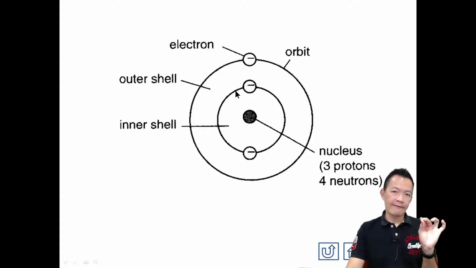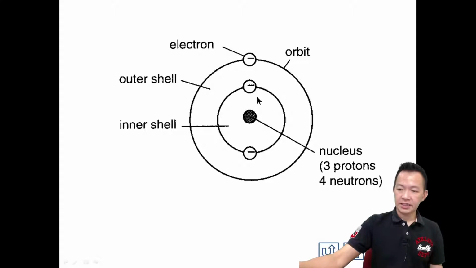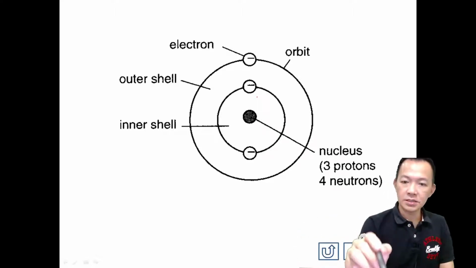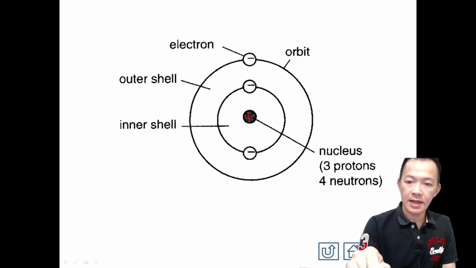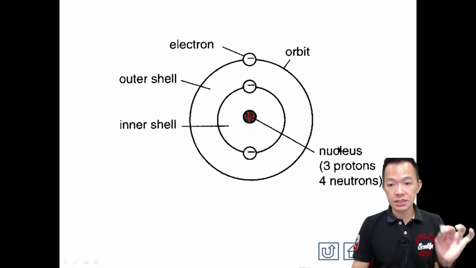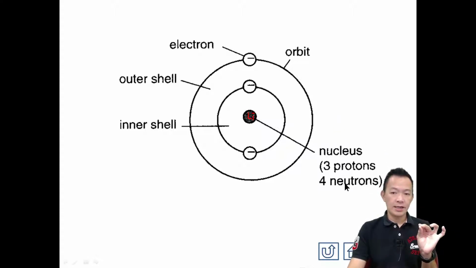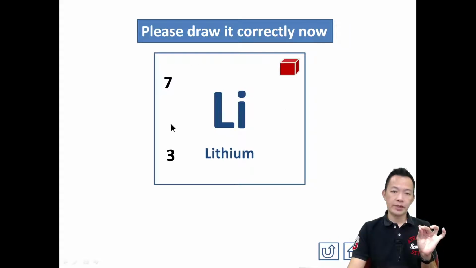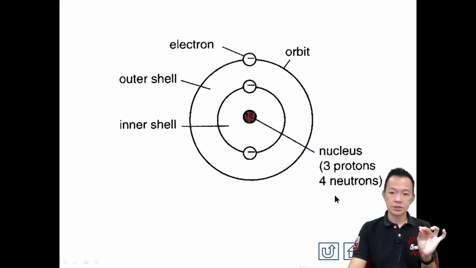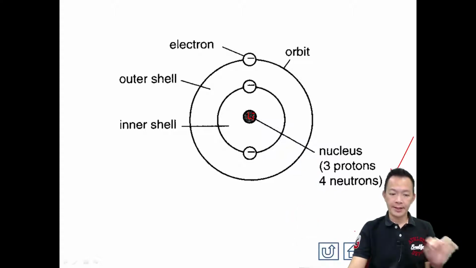Here is the answer. The standard drawing for lithium may look like this. Lithium atom. Certain schools like to write lithium, Li here. This is the nucleus of lithium with 3 protons and 4 neutrons, so 7 particles altogether. In the exam you must label how many protons and how many neutrons. And 3 protons must be followed by 3 electrons.